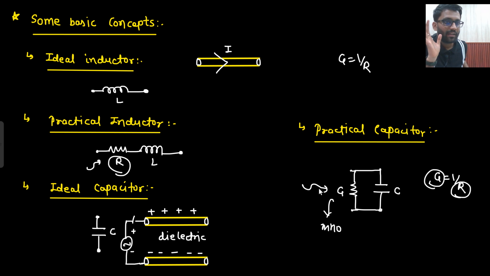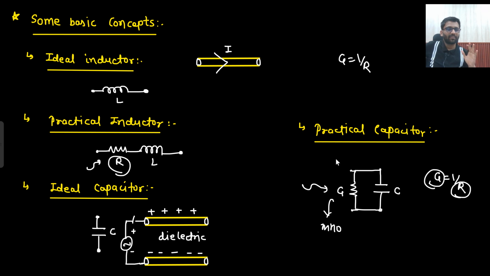In the previous chapter I took 45 to 50 minutes just to discuss the displacement current. So this G is coming into action because of the displacement current, because one conductor is positively charged, one is negatively charged, and in between there is some dielectric. If there is a changing electric field, it will drive some displacement current, and because of that displacement current, this G is coming into action.